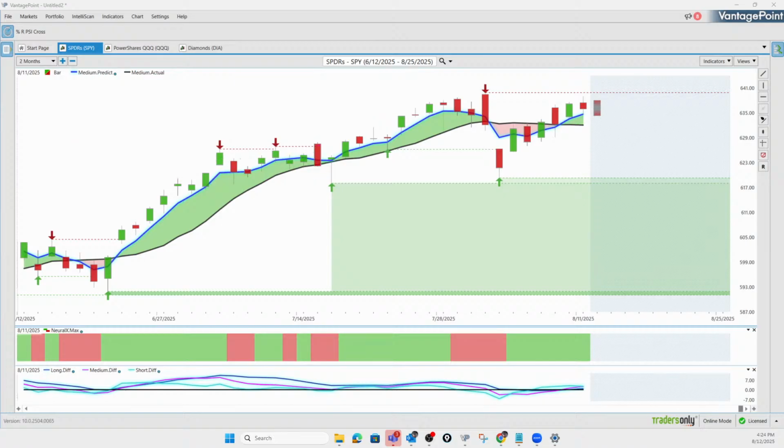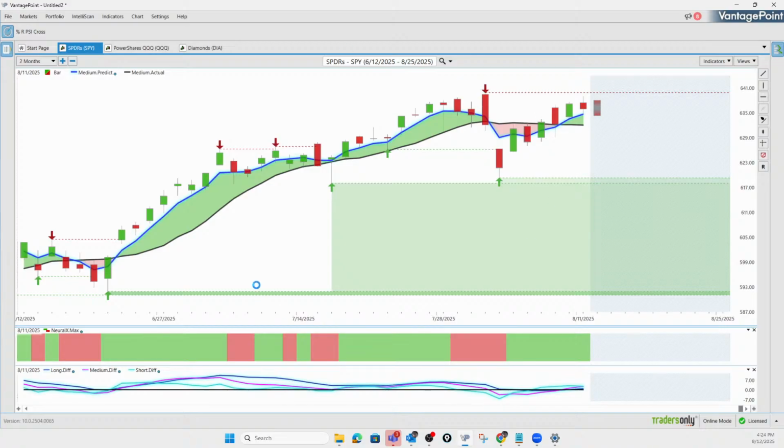That's where even our IntelliScan can really help you. For those of you VantagePoint users who have already been using the software, how many of you are familiar with a sector scan? We do have a tool here in VantagePoint called IntelliScan.